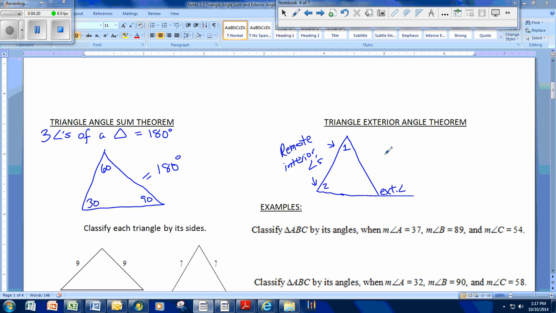So in this case, our exterior angle is equal to the sum of those two angles, angle 1 and angle 2. Okay? So if this angle here was, let's say, 70, and angle 2 was 50, that means that this exterior angle would be the sum of those two, which gives you 120 degrees.